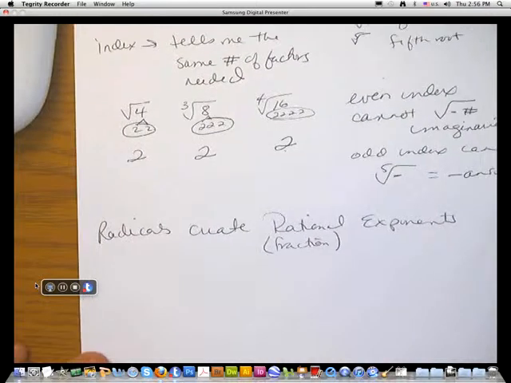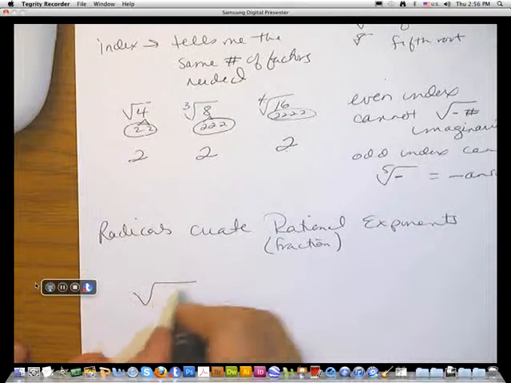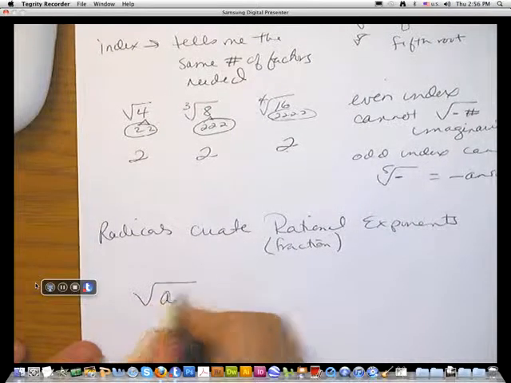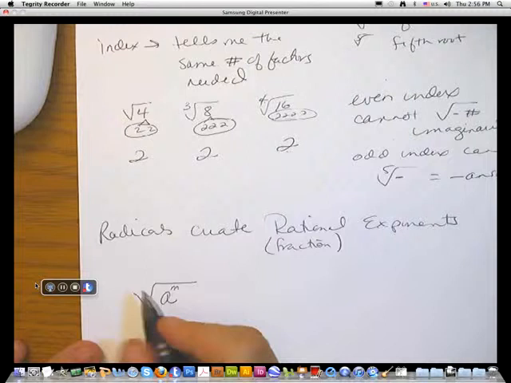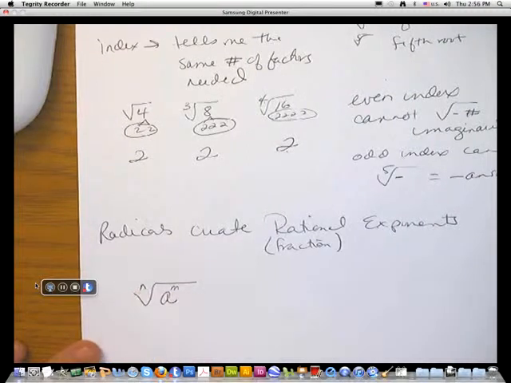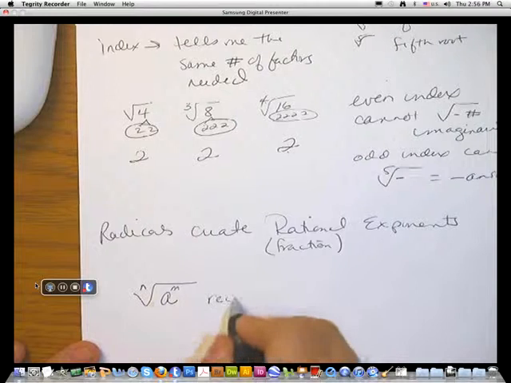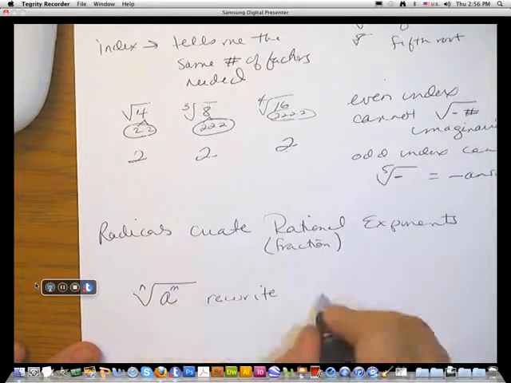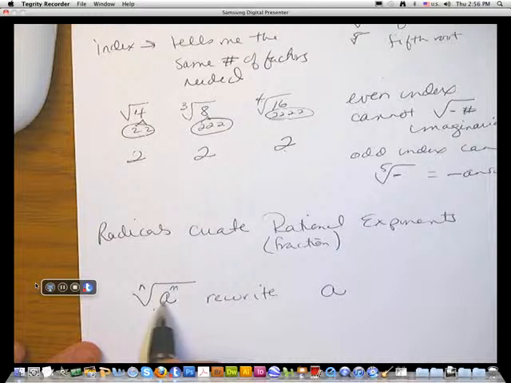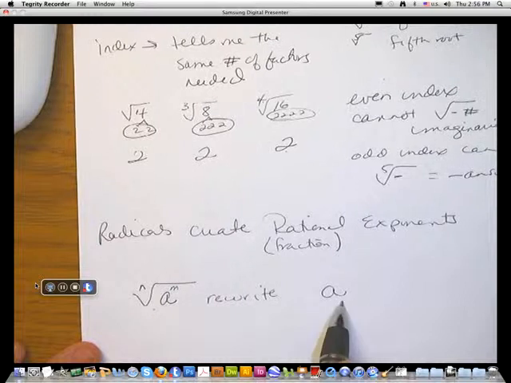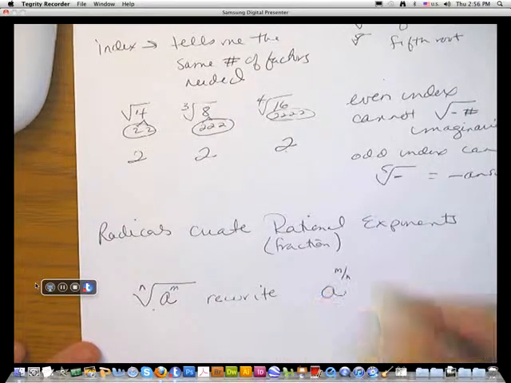And the way that works, if I have some base with a power and an index, I can rewrite this as the same base, power over index.